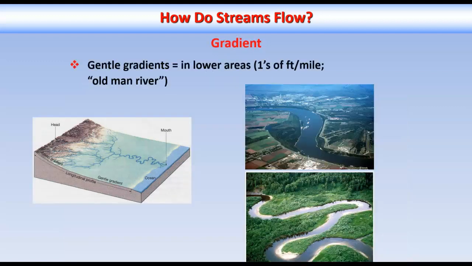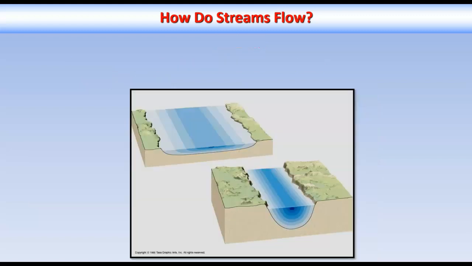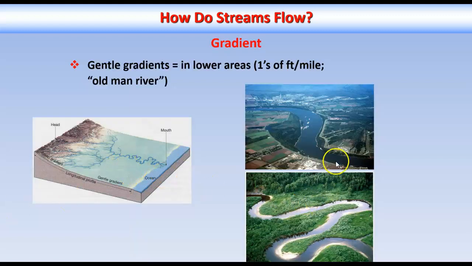When we get to lower gradient stuff, we get into, let me go back for a second, we get into this deal here. The stream is now wandering around. The area is pretty flat. We develop some other features here, but this term given to the back and forth is called meandering, a meandering river. And this is because we have these very low gradients. We still have some differences in velocities, and that is really what's driving this meandering that we see.